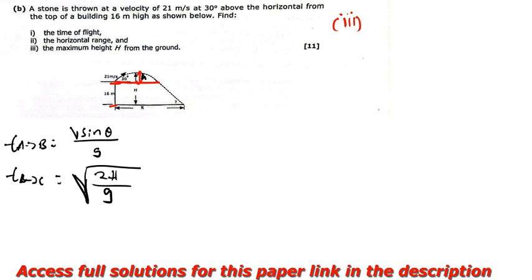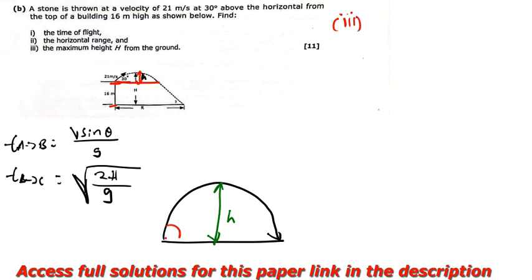So the second trajectory now, let me just do it from here. I'm trying to find this h. Now to find that h, one thing we should know is that it's going to be thrown. We have been given an angle here, and then we have the initial speed.